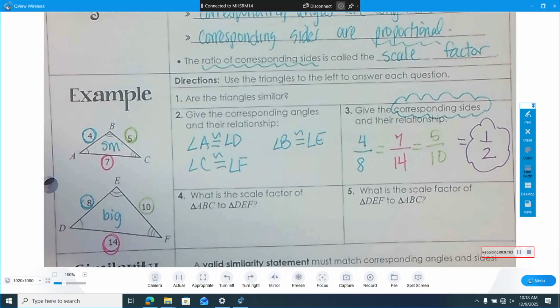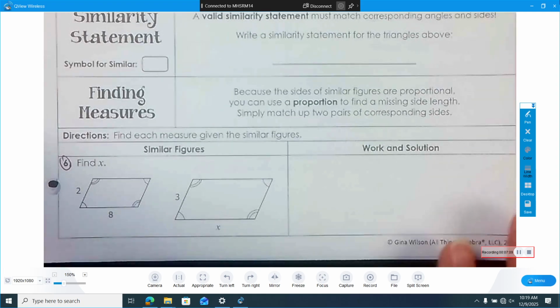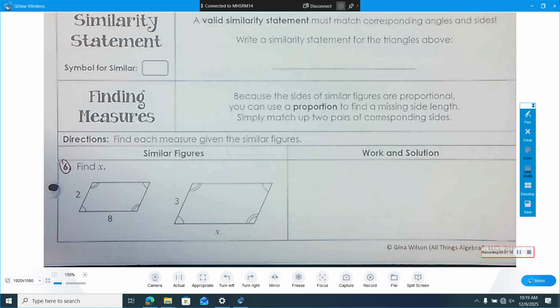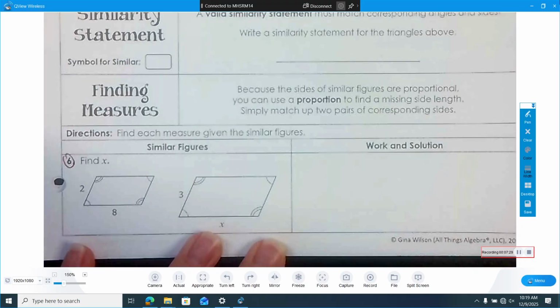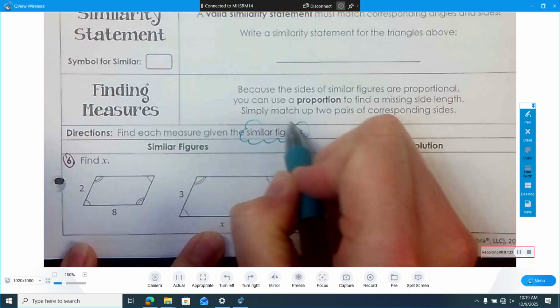So, we are going to skip down here to number 6. Now, because we know that the similar figures all have the same ratio of sides, we're going to set that up. Find each measure given similar figures.